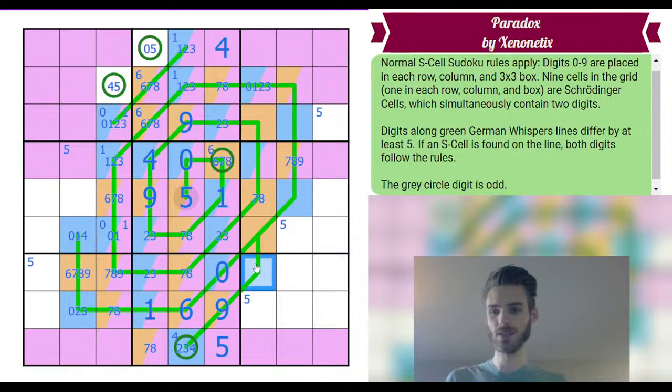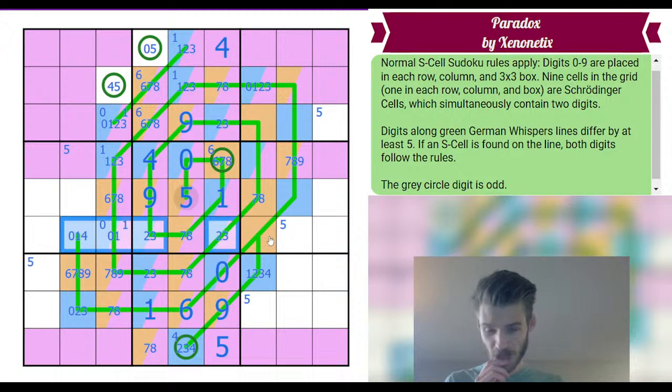This is 1, 2, 3, 4, 4. I think it can still be 4. Just notice there's a lot of low digits here. Not an exuberant number of them, but enough to sort of catch my eye. Okay.